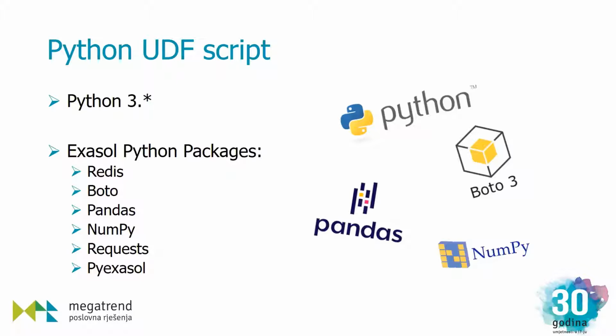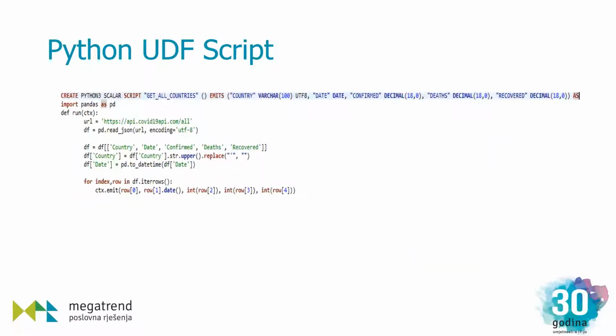This is the example of one UDF script that we wrote in this project. As you can see, the definition is similar to PL/SQL procedures. It's also important to mention that the body of the script is written under the run function with the argument ctx.